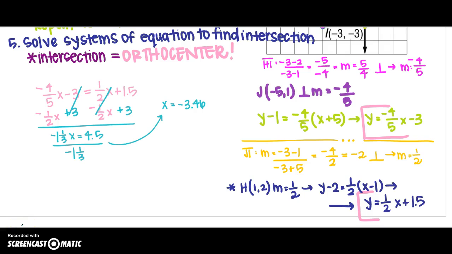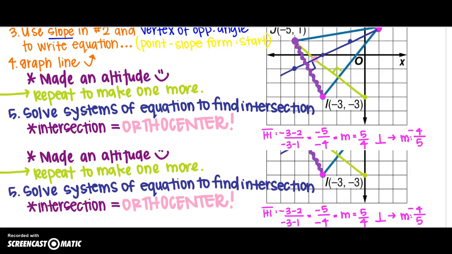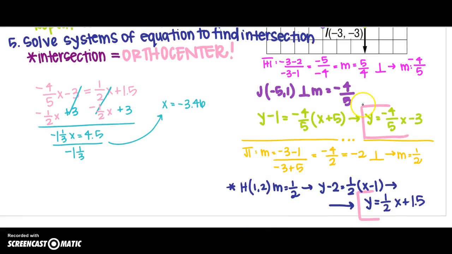All right, after I did my work, I got that x equals negative 3.46, and you can leave it in fractions if you want to. Remember, after you find x, you get to pick which equation. I'm so sorry. You get to pick which equation out of these two you plug it back in for to solve for y. So I'm going to plug it into the top one.